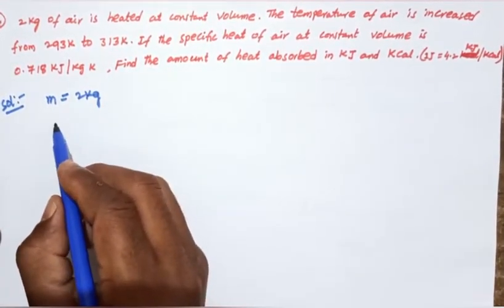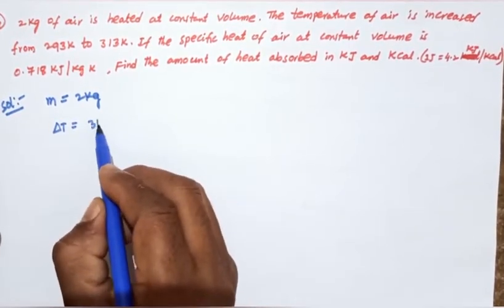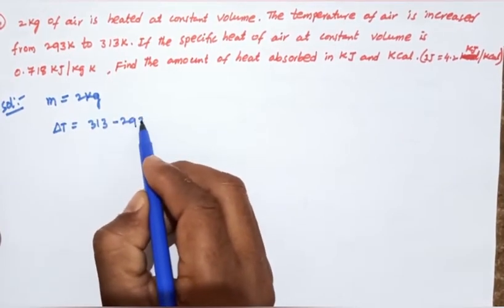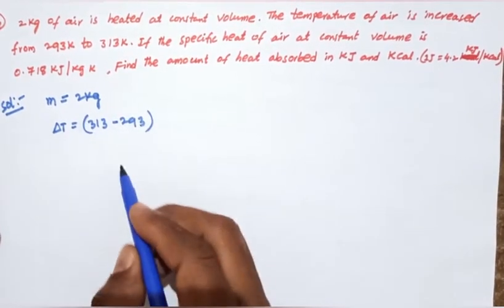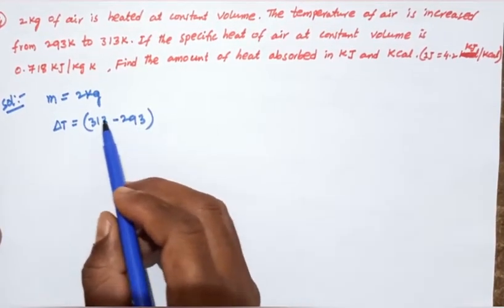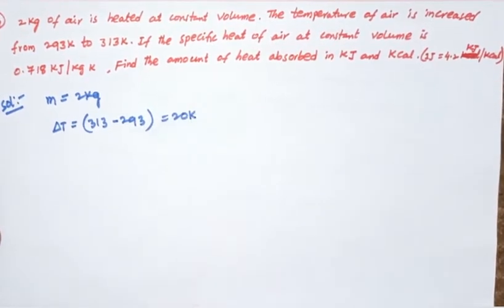So the change of temperature equals 313 minus 293, which equals 20 kelvins.